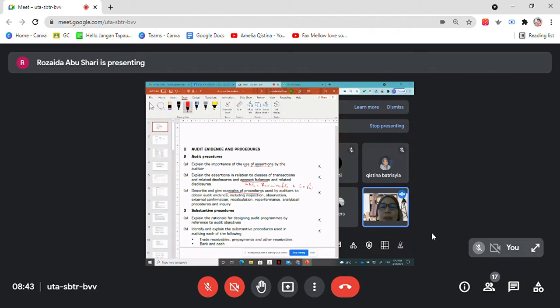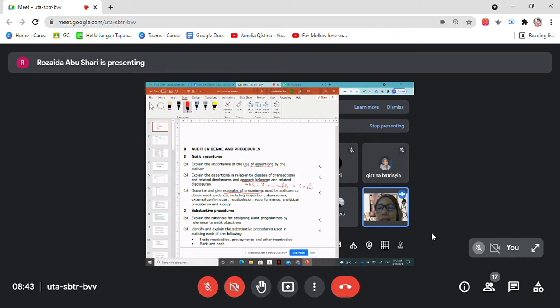So it means you have to design your own audit procedures in order to gain evidence, by using all the audit procedures such as inspection, observation, external confirmation, recalculation, reperformance, and analytical procedures and inquiry.